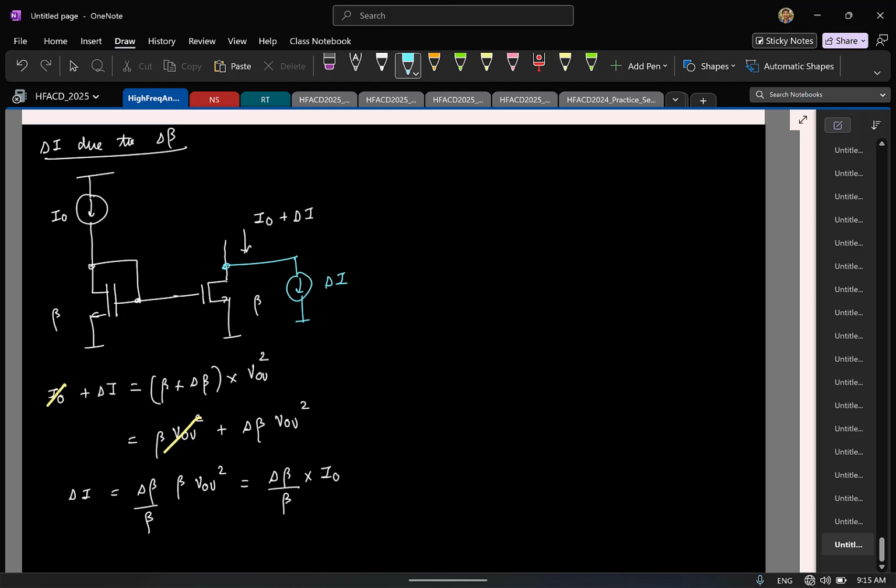Fine. And this delta I, you know what it is? It is delta beta by beta times the nominal current I know. That's what you should do. So again, I'm not interested in delta I finally. I want delta I by I naught. So if I do this, it just becomes delta beta by beta.